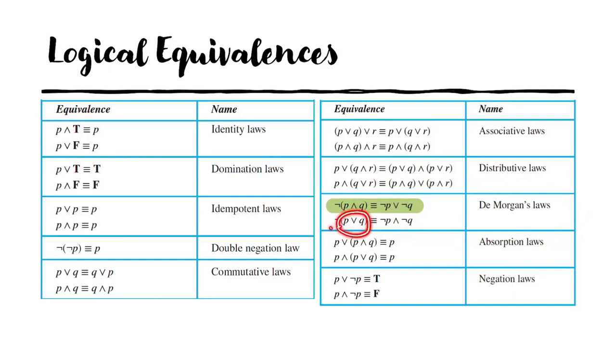When you negate the disjunction, not only do you negate P and Q, you will also change the disjunction to conjunction.